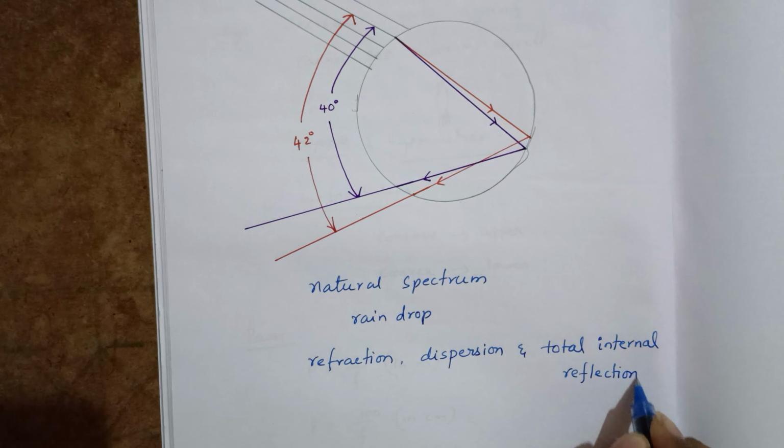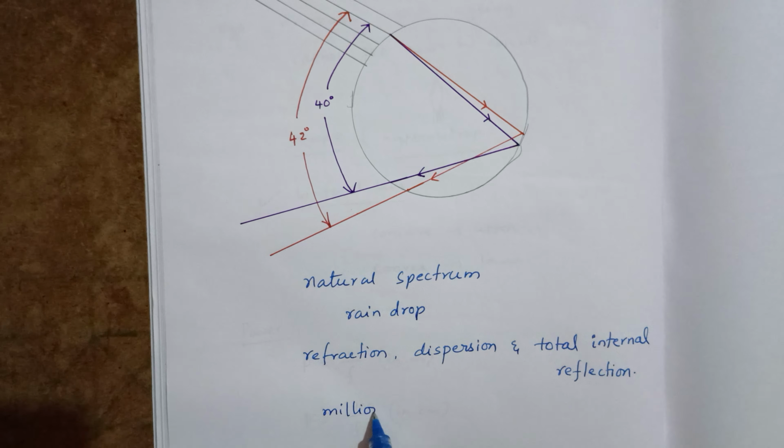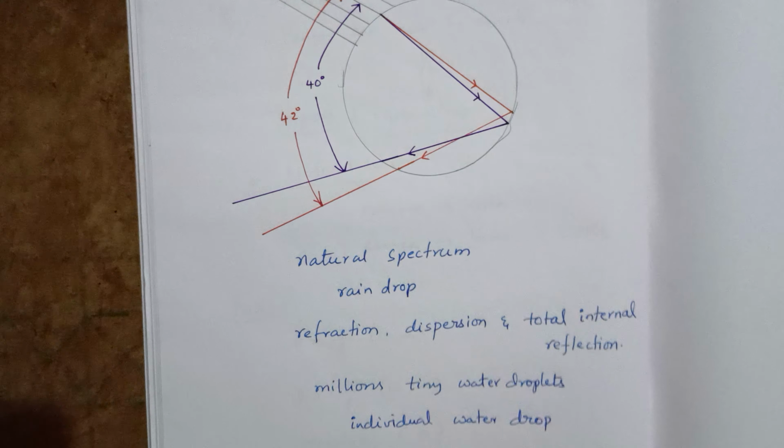It is formed due to millions of tiny water droplets, but we'll discuss a single individual water drop.